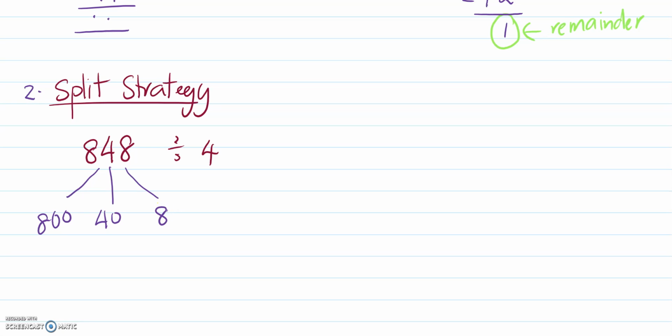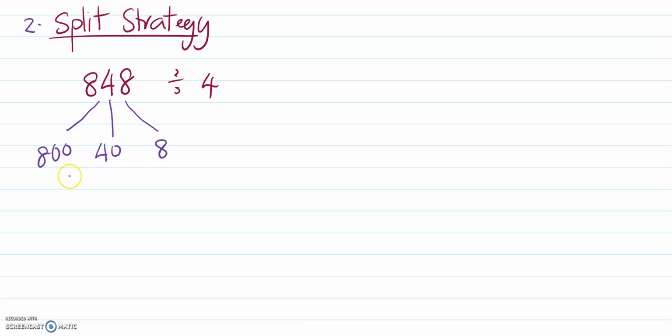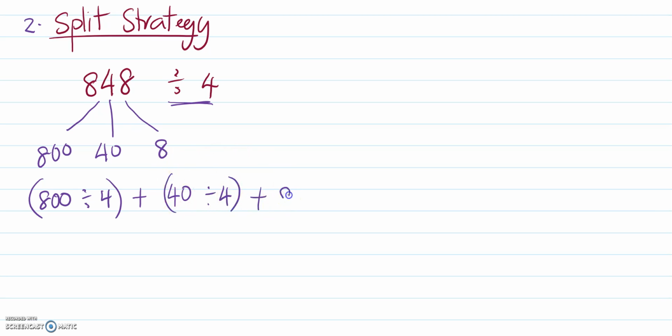So what that means is that we take the 800, divide that by 4, because we're dividing by 4. Add that to, then we take the 40, divide that by 4, and then we take the 8 and divide that by 4.